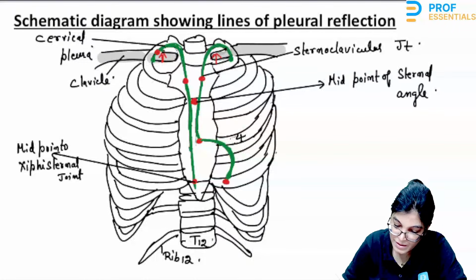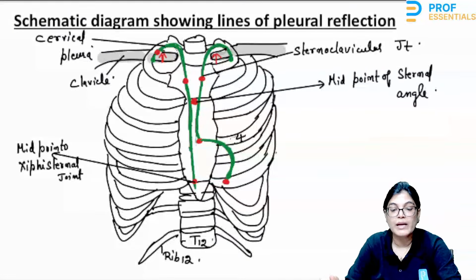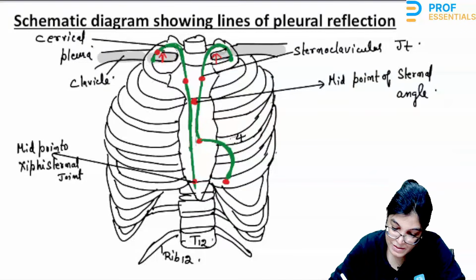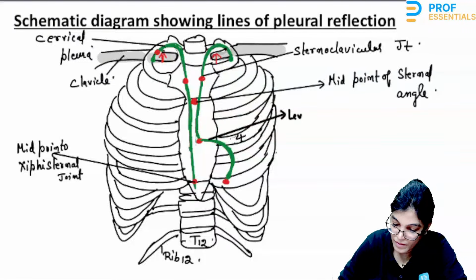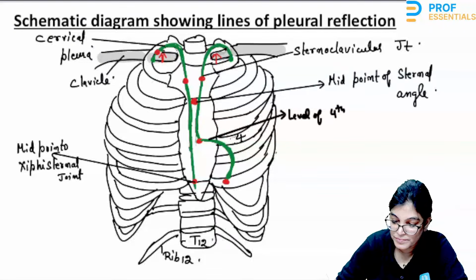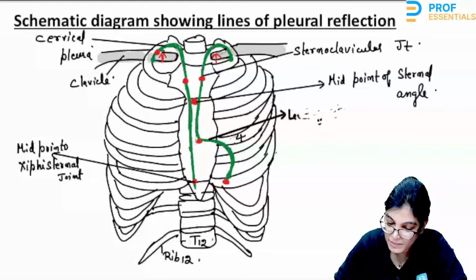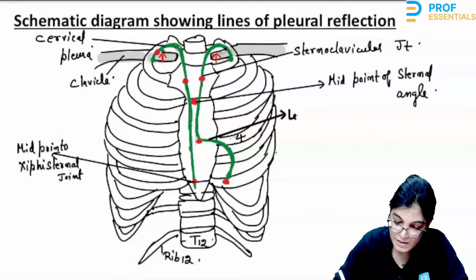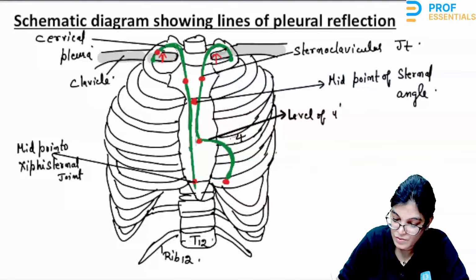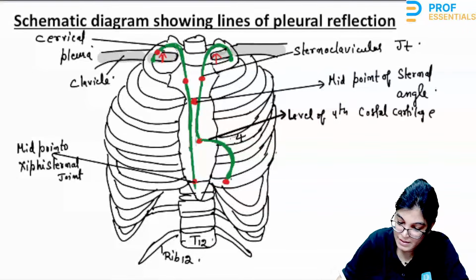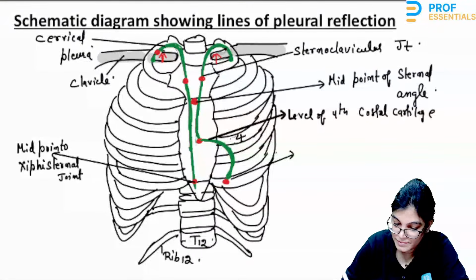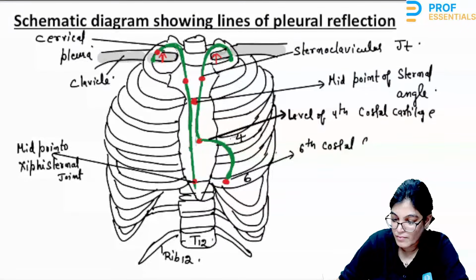Again this point. And please label these points, okay, so that there is no confusion. This is the level of 4th costal cartilage. I will use a thinner pen because this is the level of 4th costal cartilage, and this is the level of 6th costal cartilage.